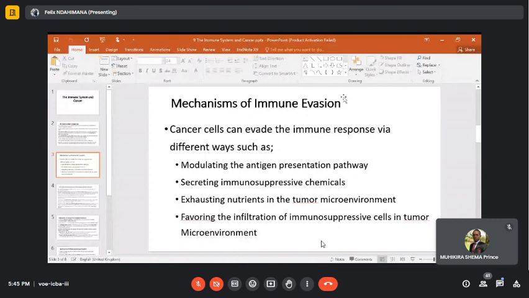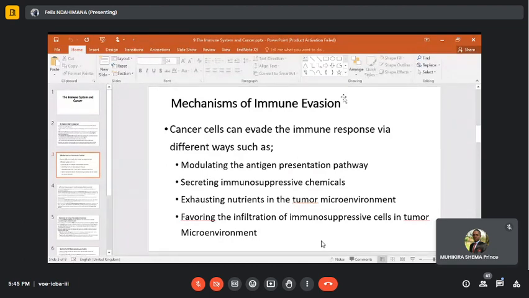So among these mechanisms, we have moderating the antigen presentation pathway. I think we can even understand it right from here. It's moderation of the antigen presentation pathway. We have seen that the way our immune system works, there is antigen presentation. If an antigen is not presented, it won't be recognized.